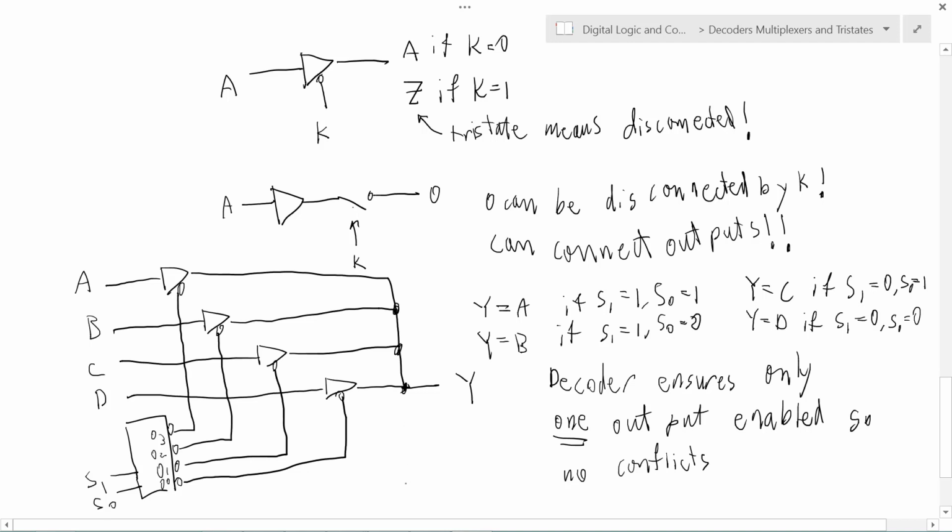And we have implementation of a mux here. And it's probably one of the more efficient implementations that you can find of a mux.